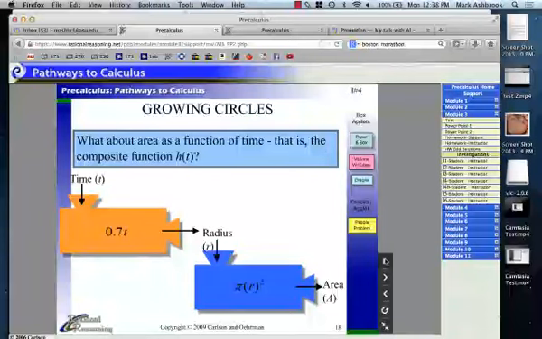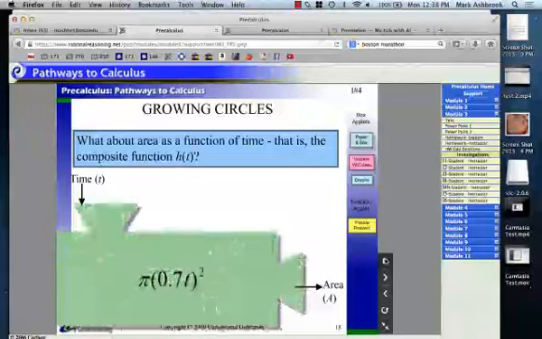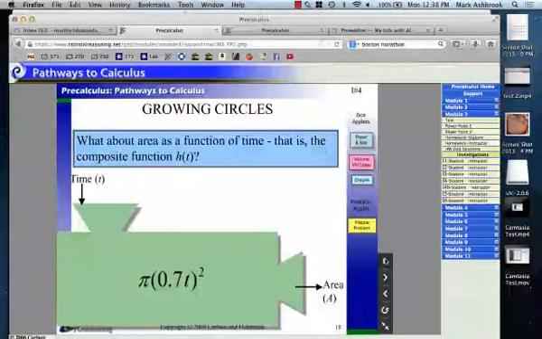And then what did we do? We did some math, and we figured out a single formula that does it all in one step. So it's a different function that has the same process as the two-step function, or putting the two original functions in succession. Just eliminates the middleman and gives us area right from time.